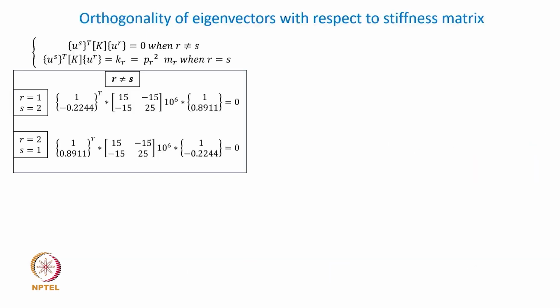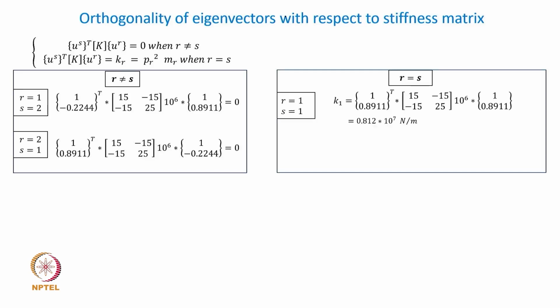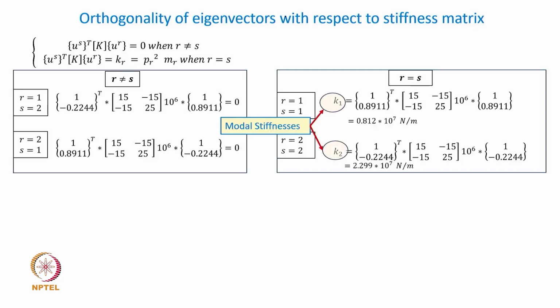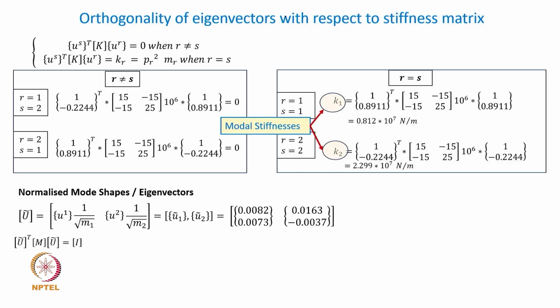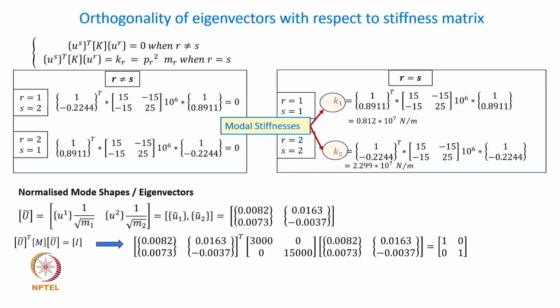Okay, same happens with the stiffness matrix. I am not going to discuss that, but you can verify it yourself that these are the modal stiffnesses, the generalized stiffness in the first mode, in the second mode, and then you can similarly get the orthonormal modal matrix.